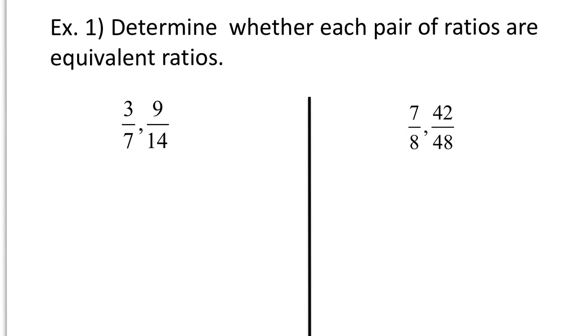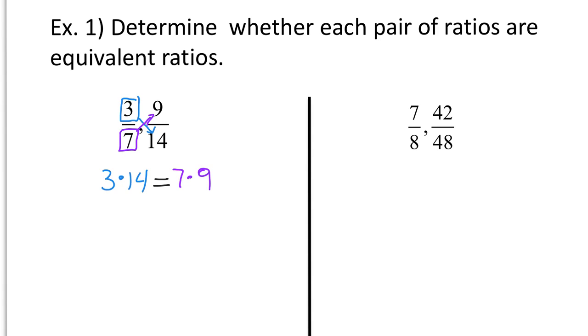You take the numerator of the first fraction and cross multiply by the denominator of the second fraction. So I'm going to multiply 3 times 14. And then you take the denominator and multiply by the number across from it, the numerator, 7 times 9. I want to know if these two products are equal to each other.